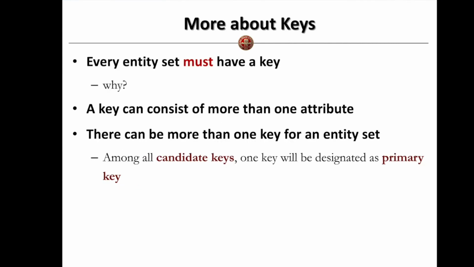So every entity must have a key. Key is very important in the entities. So whenever you draw an entity in the diagram, ask yourself what is the key for the entity. You may wonder why key is very important. The main reason is because we need to store the data in our database tables. Let's assume we translate the diagram into relations and further create some tables to store the data.